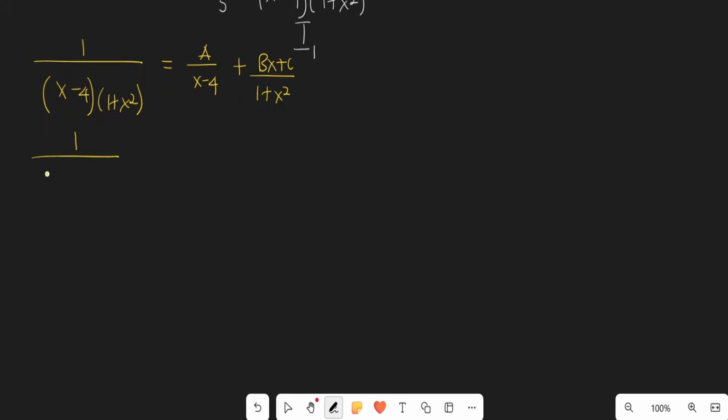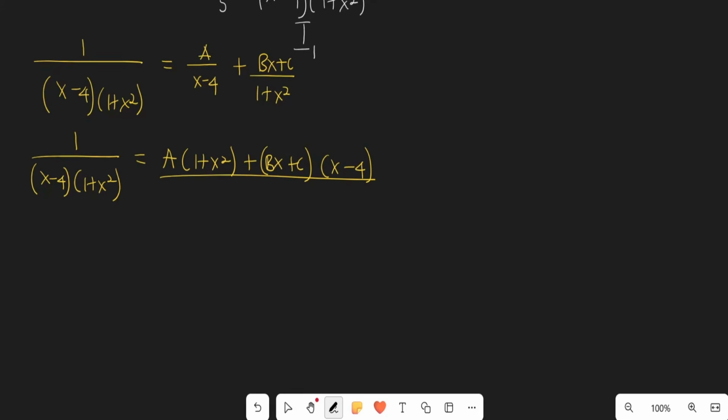So 1 all over x minus 4 multiplied by 1 plus x squared. This is the same as cross multiplication, a times 1 plus x squared plus bx plus c. And this is multiplied by x minus 4. All this one divided by the LCM, x minus 4, and then 1 plus x squared.